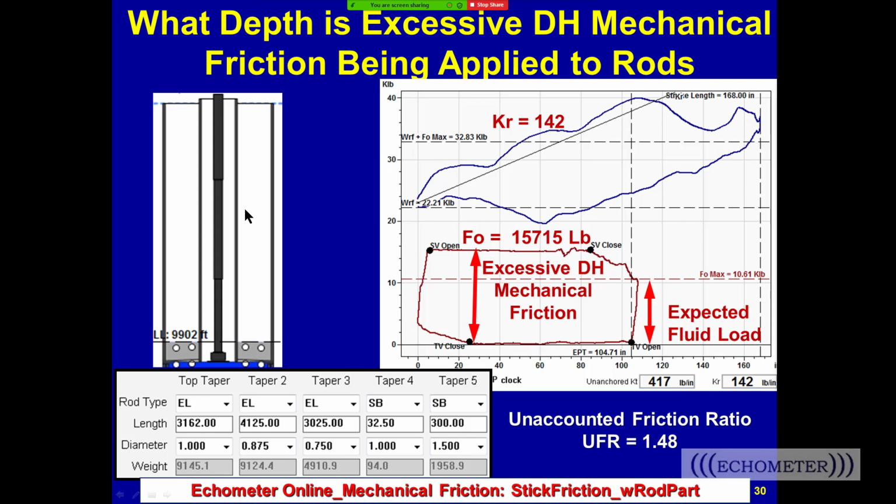It works extremely well when there's no mechanical friction. I've got examples where the measured load with a horseshoe load cell on average is within 25 pounds or 50 pounds of the PRT measured loads, but those are typically wells with no mechanical friction, vertical wells.